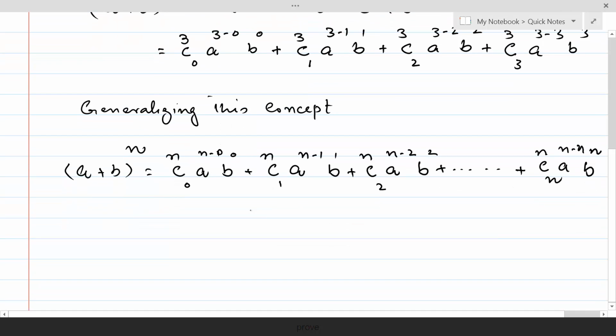This is what is called binomial expansion or binomial theorem. If we want to prove this theorem, we can prove it with the help of the induction method.